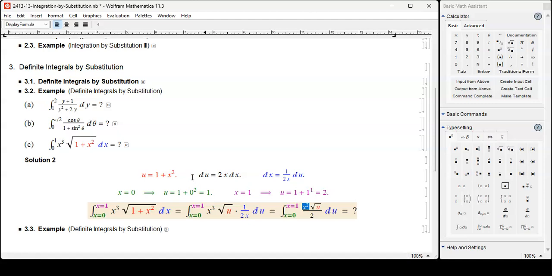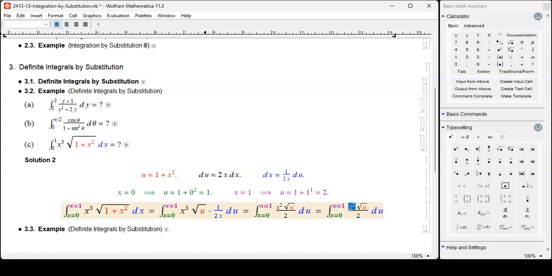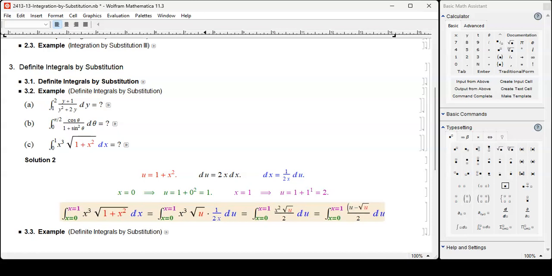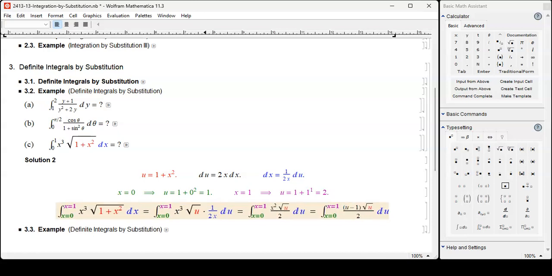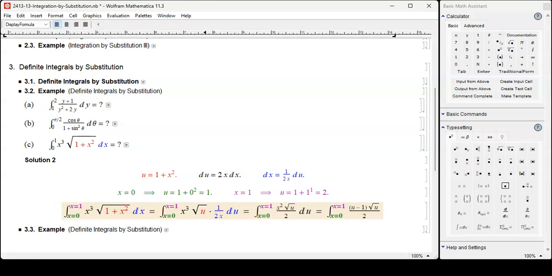And this x squared is u minus 1. So here, u minus 1. And that'll complete the substitution. By the way, I don't need these colorings for these. Oops. Okay.